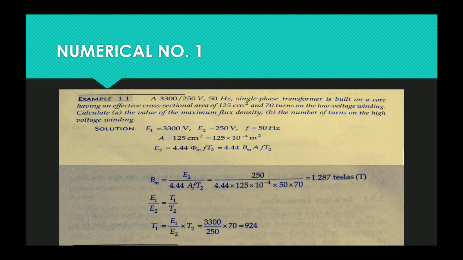So T1 equals to E1 by E2 into T2 equals to 3300 by 250 into 70 equals to 924 turns. So the primary turns or high voltage turns equals to 924. So that is very simple. That is the first numerical problem we have discussed here.